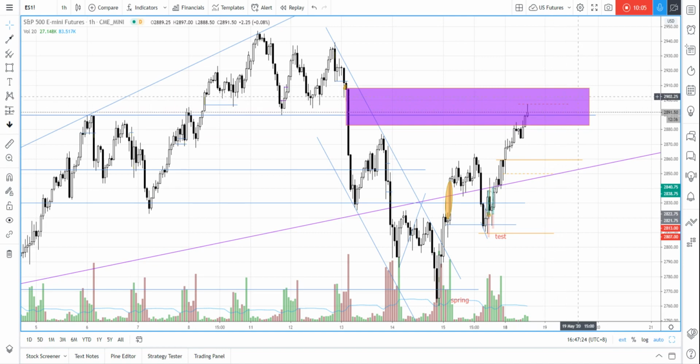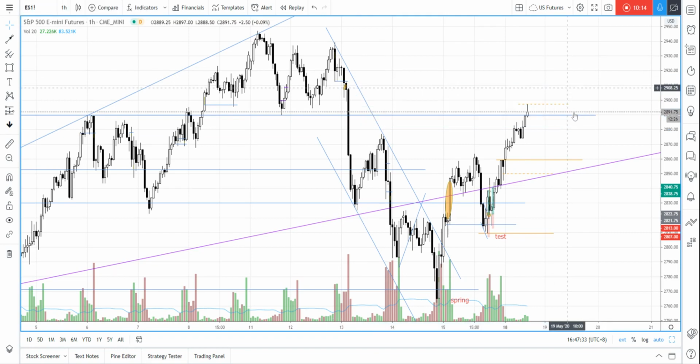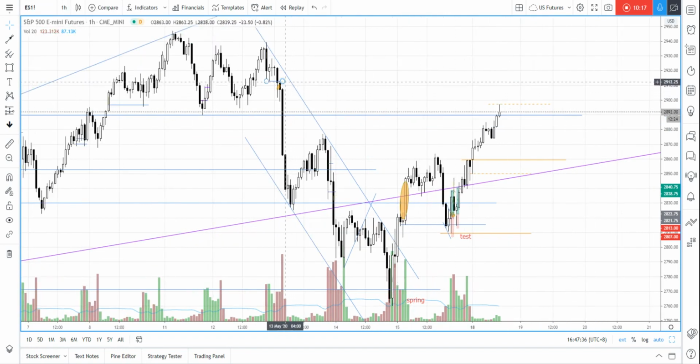And this is the supply zone that coincides with this breakdown bar as well. So let me delete this. If you look closer, on the 13th of May, we had a breakdown bar. So this is the bar that I'm actually paying attention to.